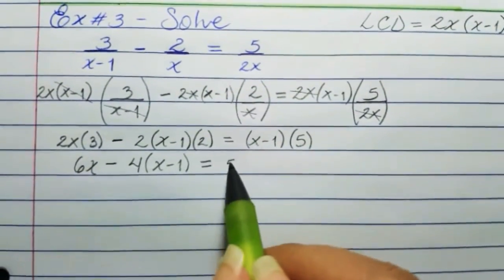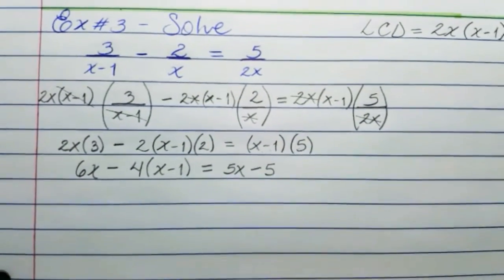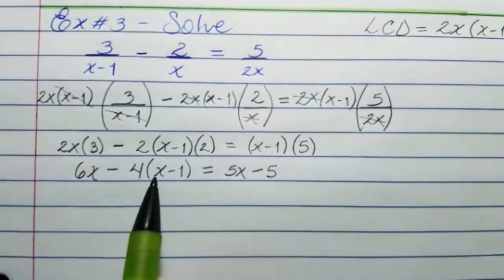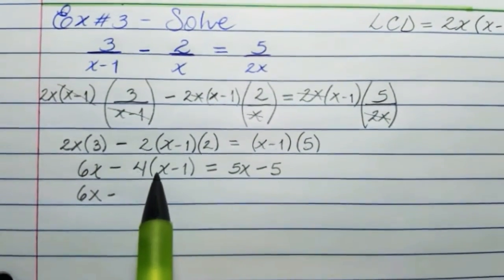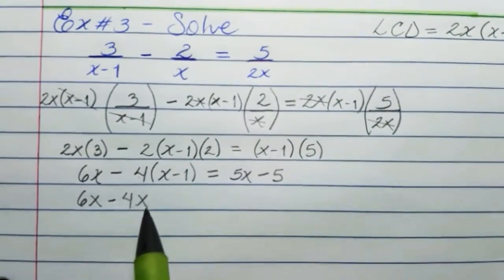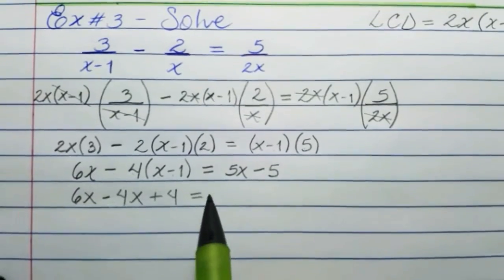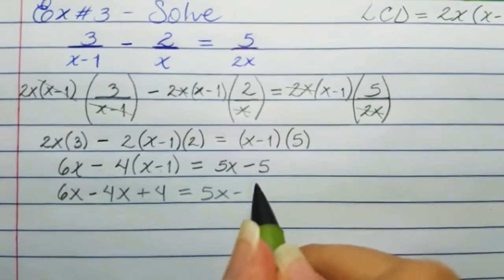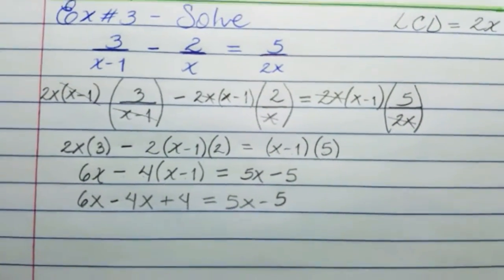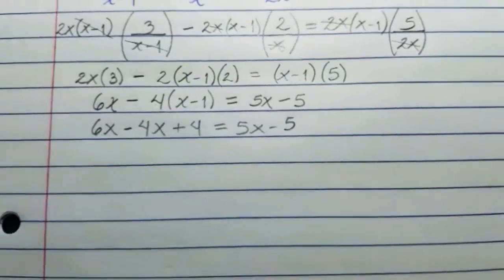the 5 can distribute in the parentheses. 5 times x, 5x, 5 times negative 1, negative 5. We have to simplify this yet. So 6 minus 4 times x, 4x, negative 4 times negative 1 is positive 4, and that equals 5x minus 5. I'm going to simplify like terms.